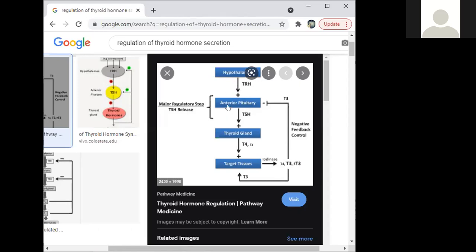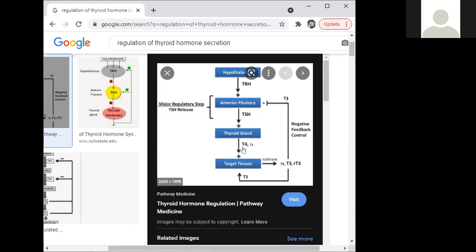For you to make T4 and T3, the hypothalamus should produce the thyroid releasing hormone. It acts on the anterior pituitary to stimulate it to make thyroid stimulating hormone. Then this TSH acts on the thyroid gland and helps you make your T4 and your T3. So it's like a pathway.